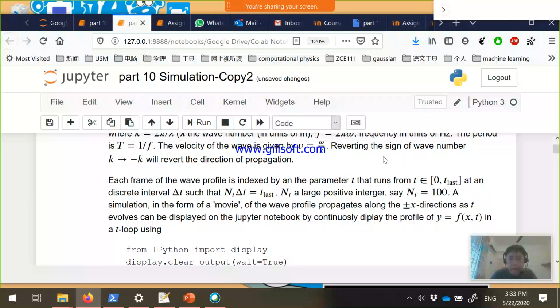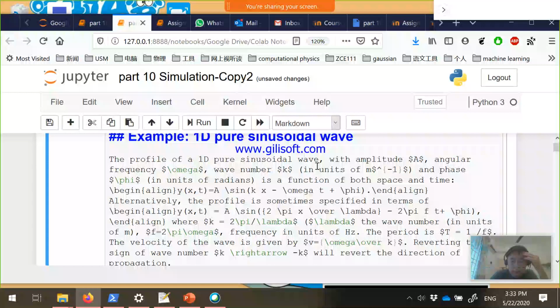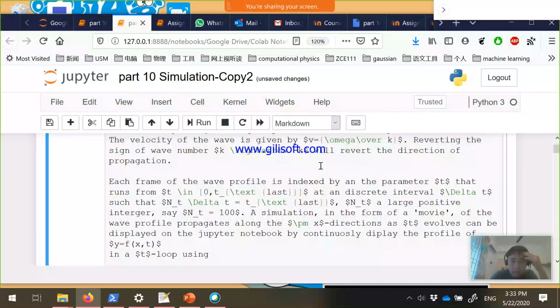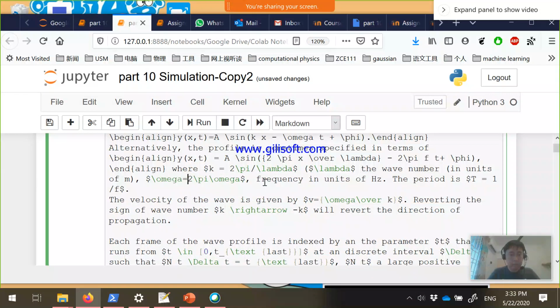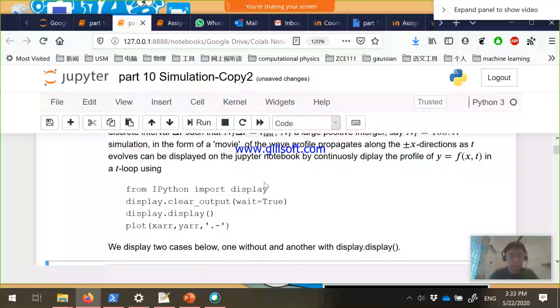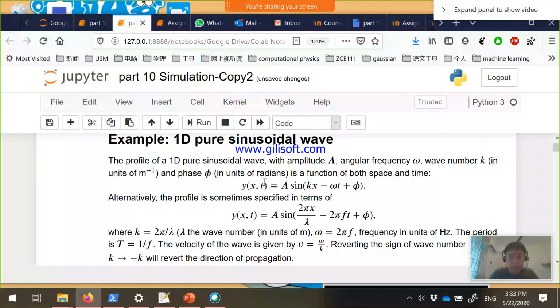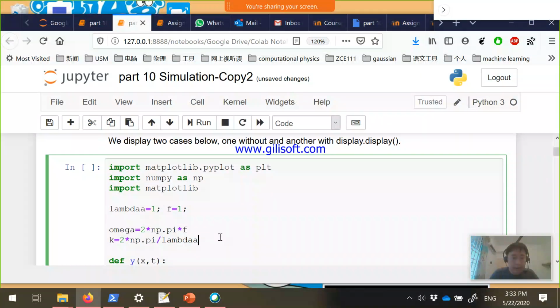Here it is written as 2 pi omega f, so I'm going to change it again. Okay, so now it's correct. Omega is 2 pi f. So I have defined omega.